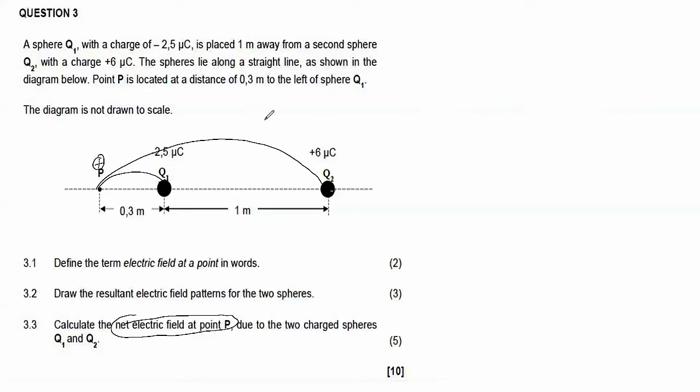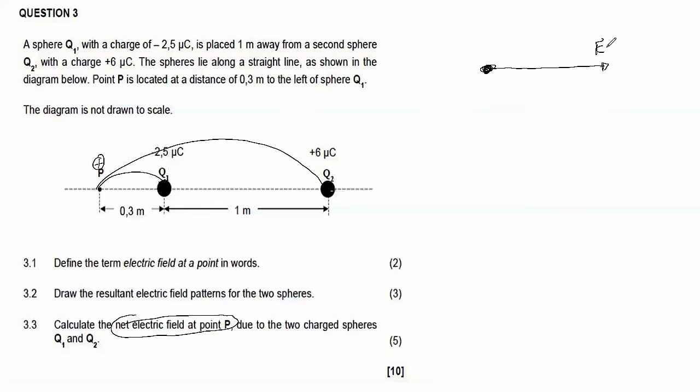So the first thing that we need to indicate is the direction of the field at P due to these two charges, right? So if this is positive, but Q1 is negative, where will P go? Will it be attracted to Q1 or repelled from Q1? Now we know that unlike charges attract. So that means it will be attracted towards Q1.